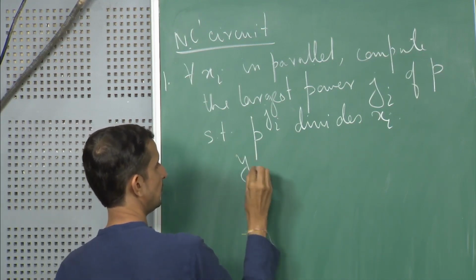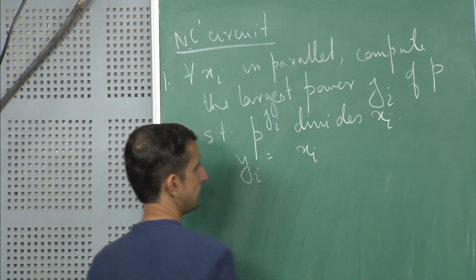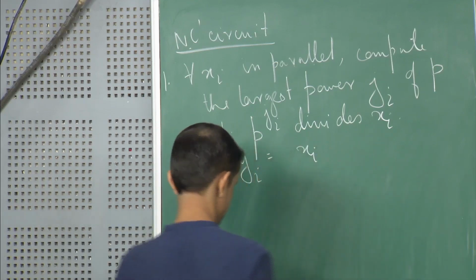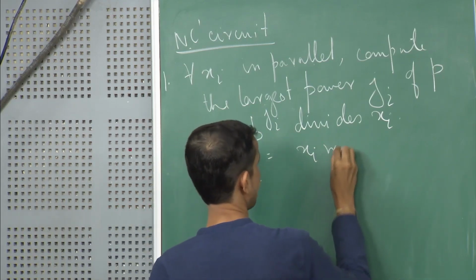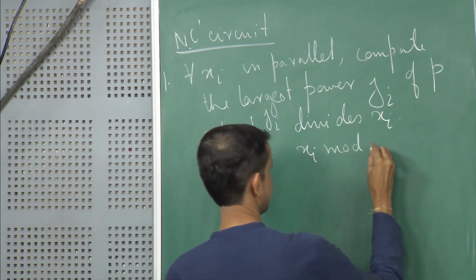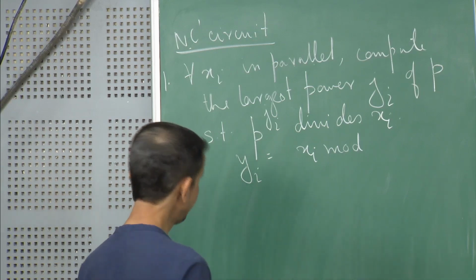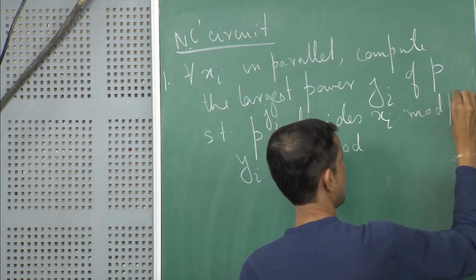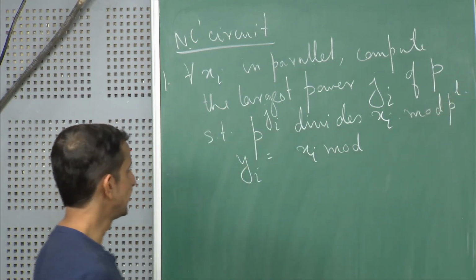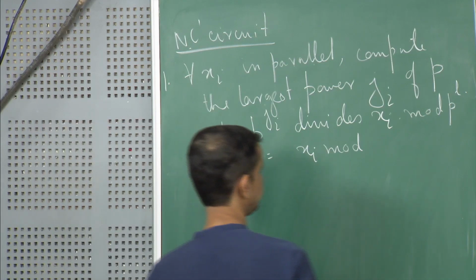We will set yi as xi mod p to the power L. Actually I don't even need xi over here, so I can do this for xi mod p to the power L. So find the largest power of p that divides xi mod p to the power L.